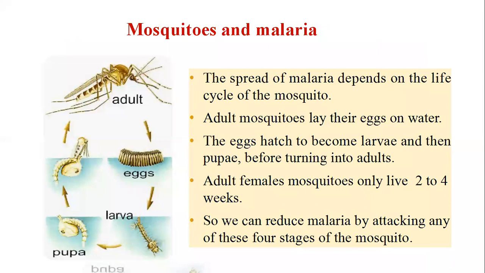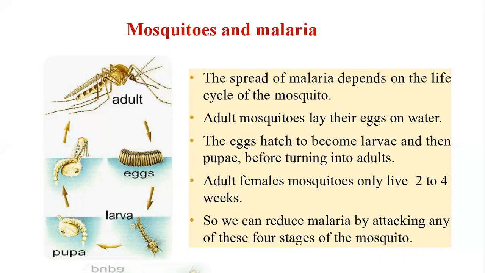Now, how are the mosquitoes actually spreading this particular disease? The Anopheles mosquito has different developmental stages. First, the spread of malaria depends on the life cycle of the mosquito. Adult mosquitoes lay eggs on the water, then the eggs hatch to become larvae and then pupa before turning into the adult stage.